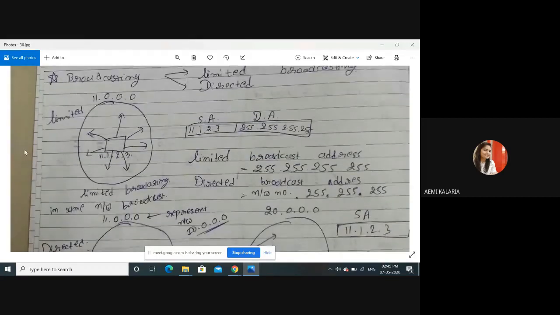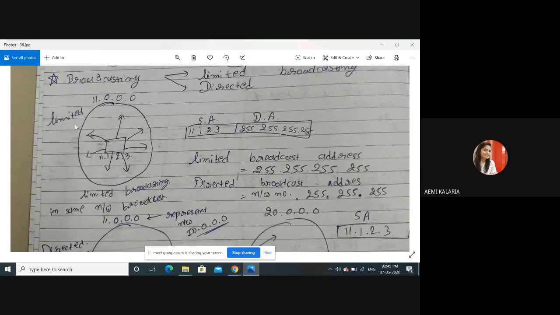And simply, in a particular network, if the sender wants to send something to each and every node in that particular network only, this is a host of 11.1.2.3, right? This is the host ID, so the network ID is 11. It is class A, right? Obviously it comes under 0 to 127, so class A. And this is the network ID, 11.0.0.0.